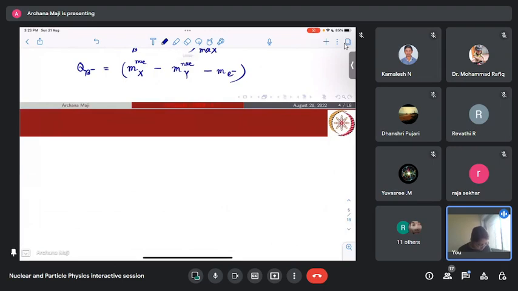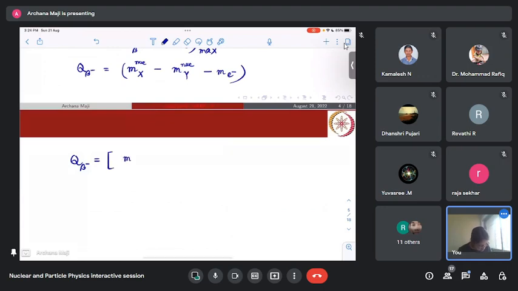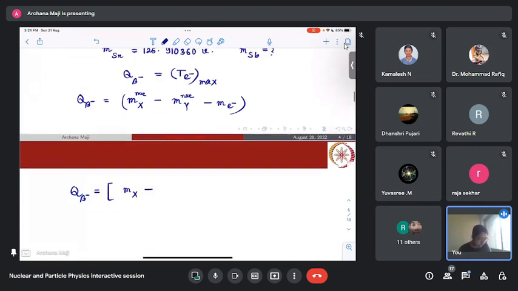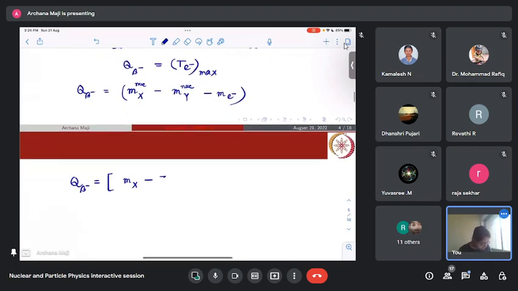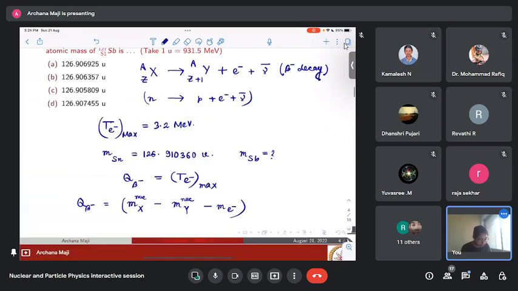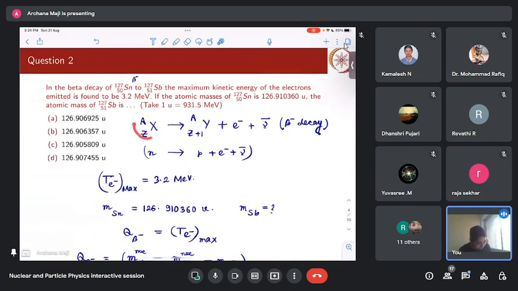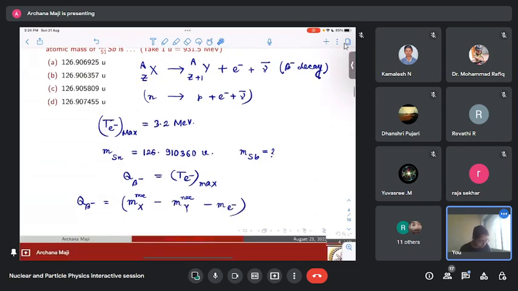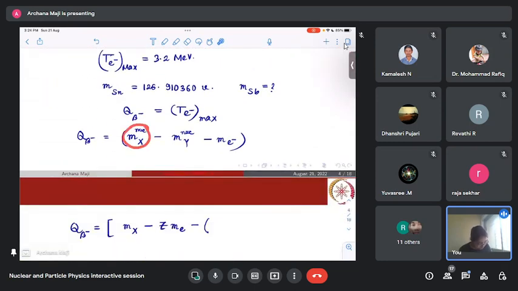In order to convert all of these to the atomic mass, let us denote the atomic mass by M. Since this atom will have Z number of electrons, in order to convert it to atomic mass, we need to subtract Z number of electrons' mass.